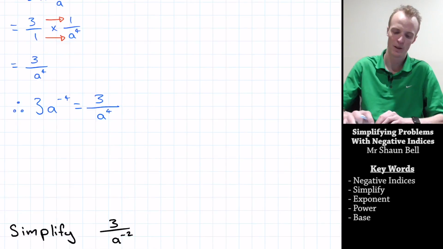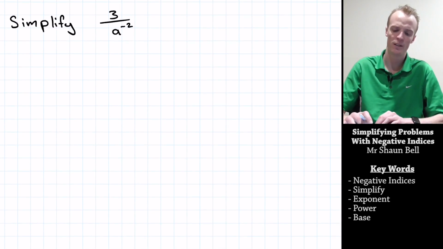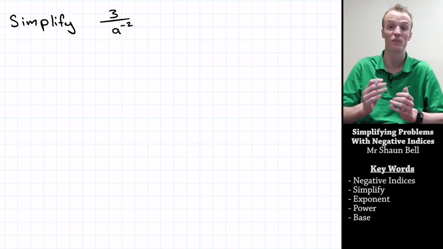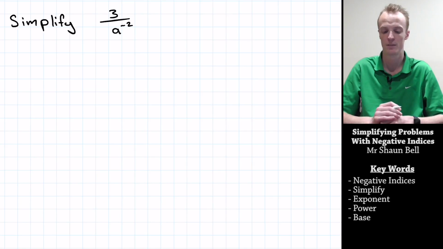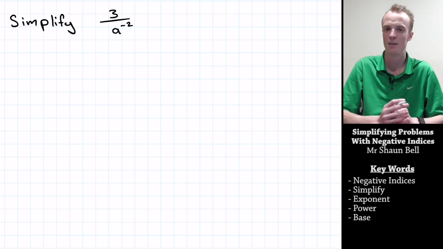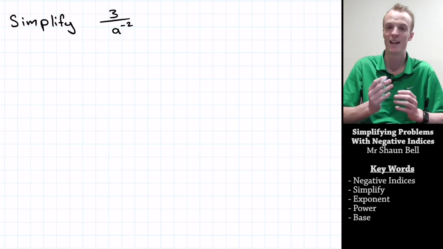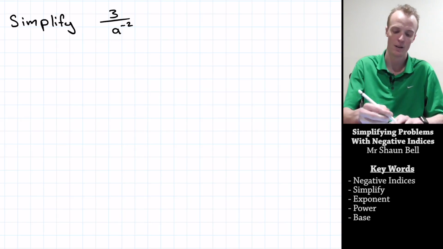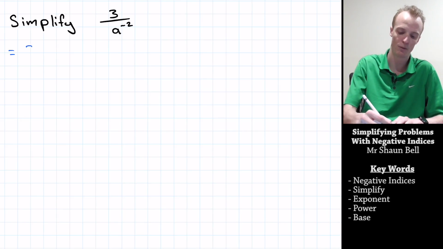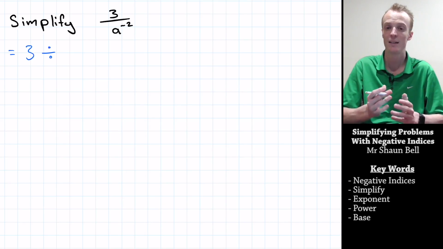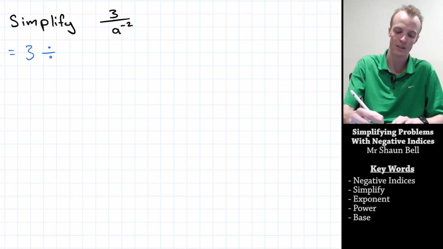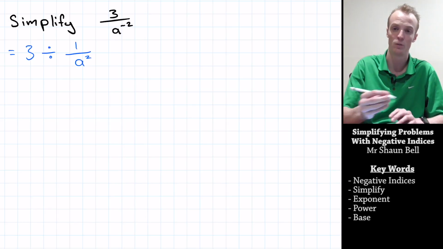So let's move on to our second question. I want to consider what happens if we're going to divide by a negative index. Now like last time, I'm going to simplify the negative indice first. So I'm going to keep the 3 divided by, but when we simplify a to the power of negative 2, that is equal to 1 divided by the same base of a to the positive power of 2.